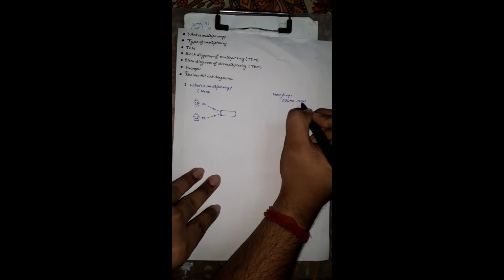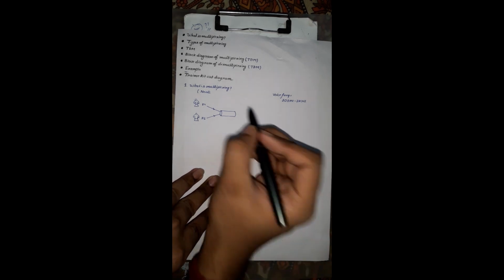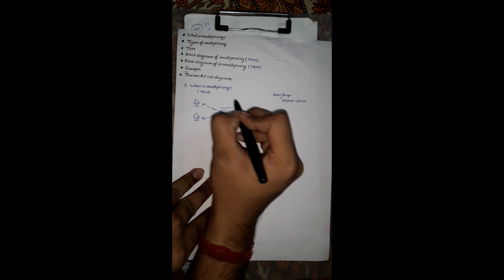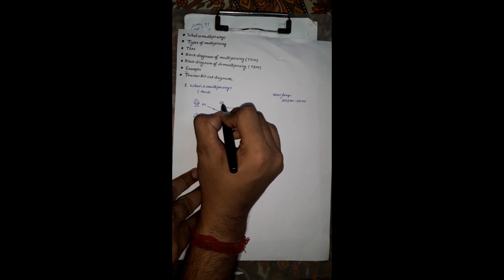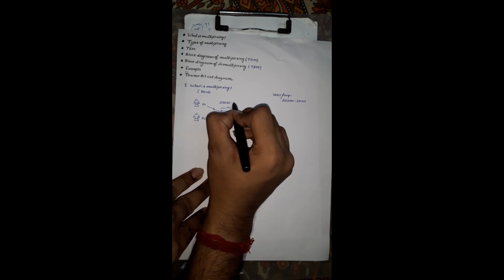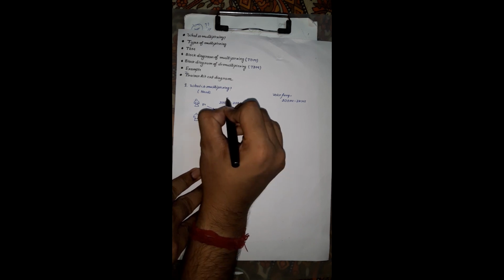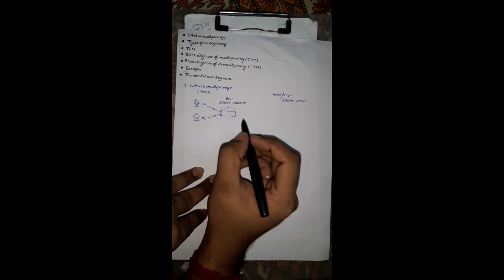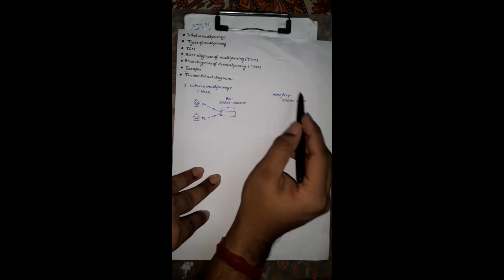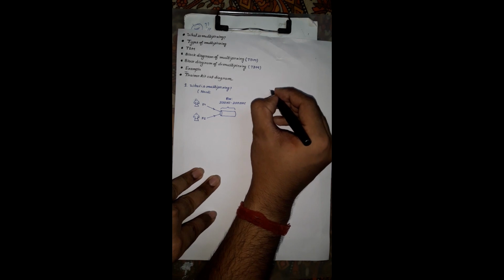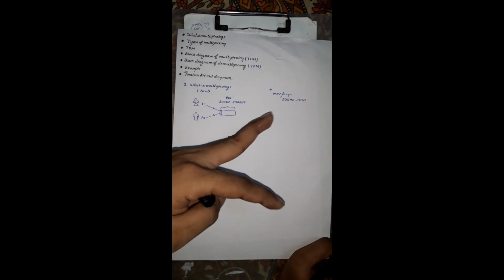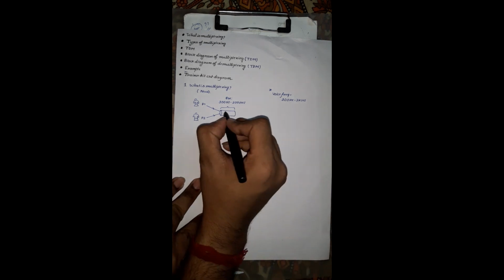So as voice frequency lies between 300 hertz to 3 kilohertz, a channel bandwidth must have this 300 hertz to 3 kilohertz, that is 3000 hertz bandwidth. Our channel bandwidth must satisfy this frequency range, so that we can communicate our voice signals from one end to another end. So this is our channel.